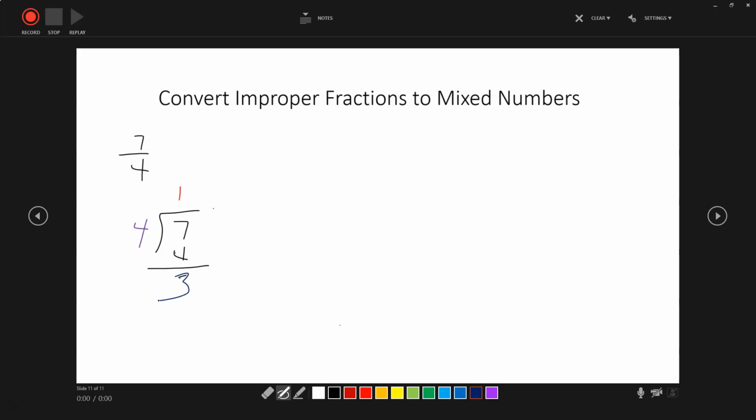Okay, and so to actually write this out, how many wholes do we have here? We have 1. Right here, that's our whole number. And how many do we have remaining? We have 3 remaining. So we're going to write that on top here.